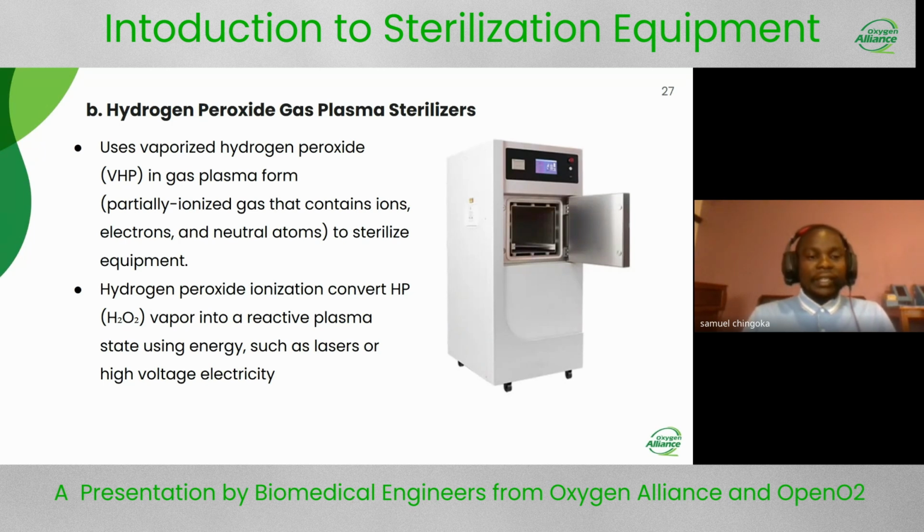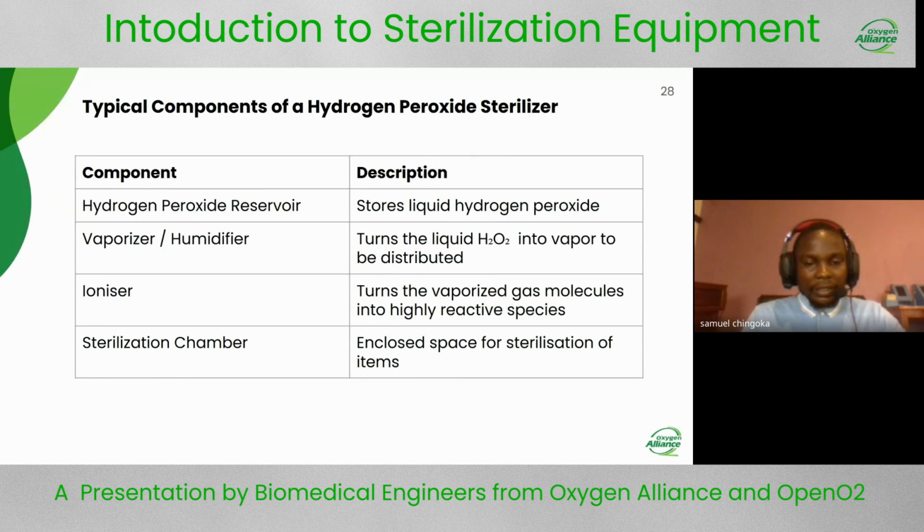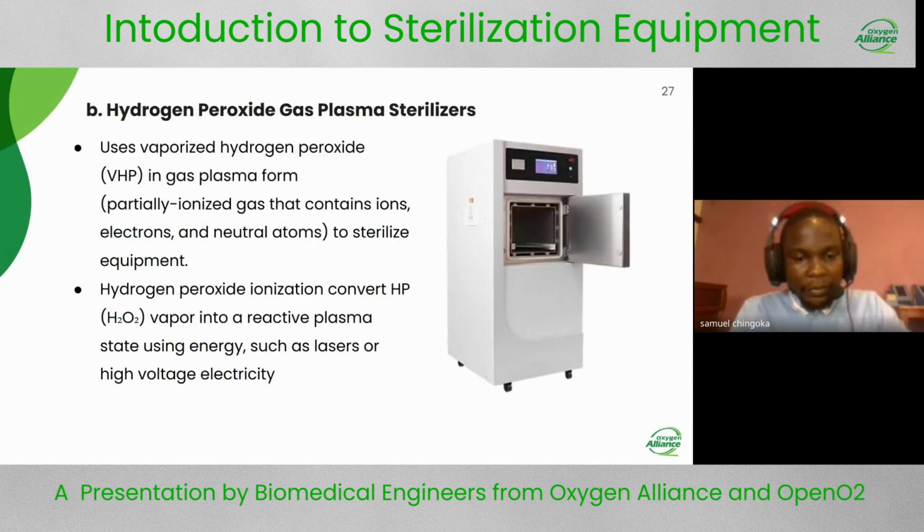It is usually heated to turn it into a vaporized state, and it is then ionized, or turned into a gas plasma form, which is called gas plasma. Next we want to look at the typical components of this hydrogen peroxide gas plasma sterilizer before winding up.